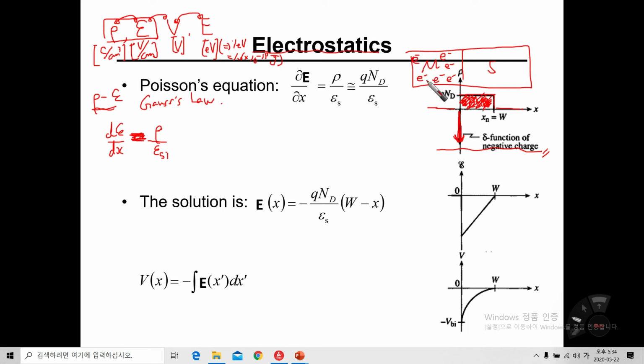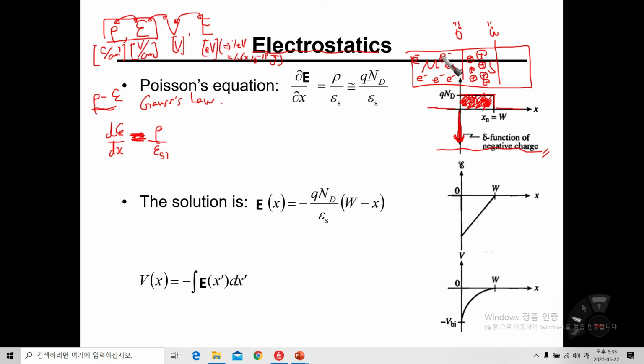Because of that, metal is very, very conductive. It allows much current flow. So once there are positively charged particles, which are actually the ionized donor atoms, between 0 and W, I'm using the depletion approximation.